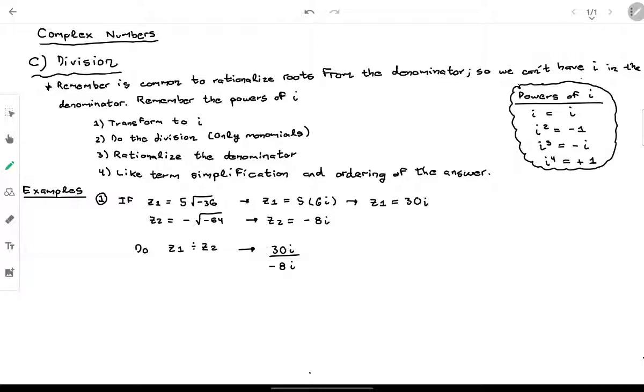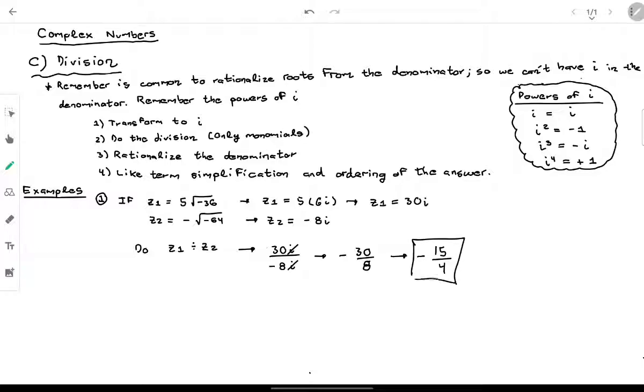In this case, we don't need to do the rationalization. Why? Because i divided by i, we can eliminate them. We will have only plus divided by minus. It's going to be minus 30 over 8. We can simplify our fraction, and it's going to be minus 15 quarters.